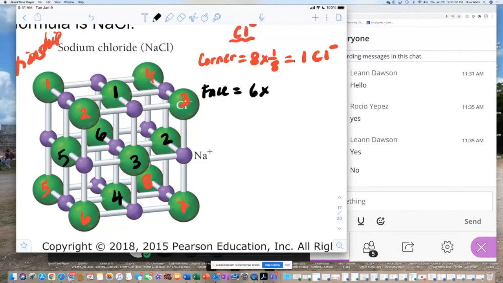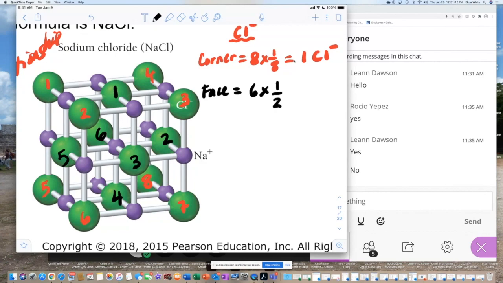Oh, yeah, the face is shared between 2 unit cells. So it's going to be 1/2. Remember the key I gave you guys earlier? You can go by that key. We're sticking with that key. So a face piece is one atom shared between 2 unit cells, side by side.